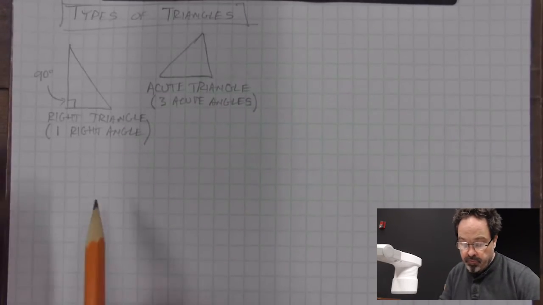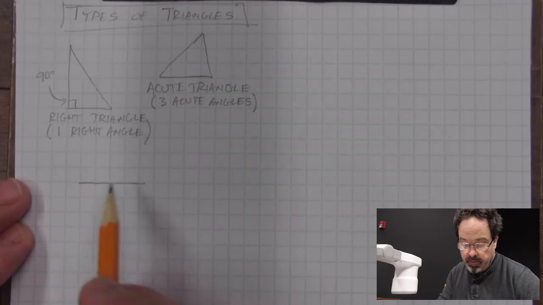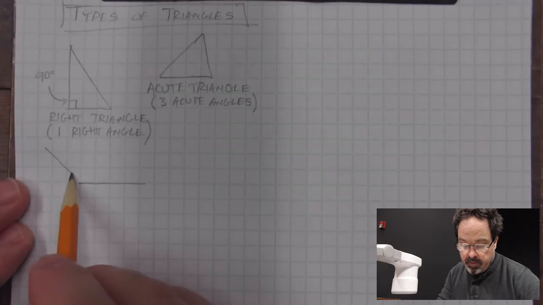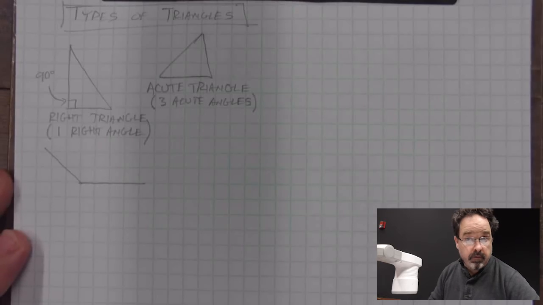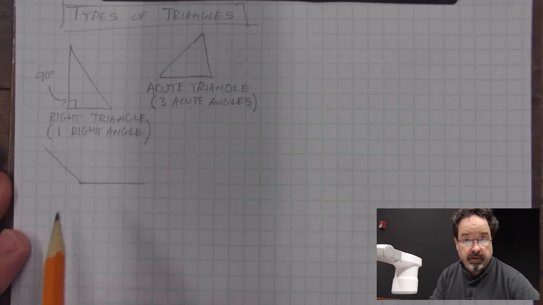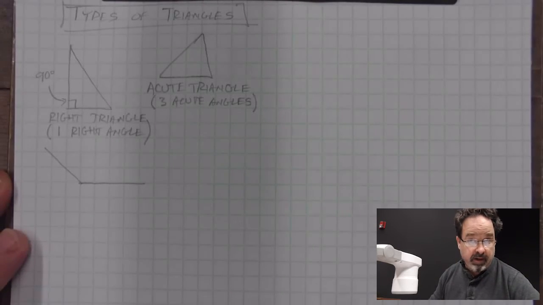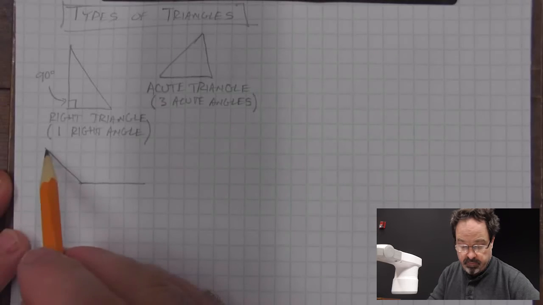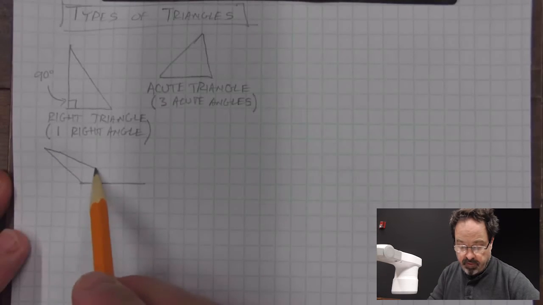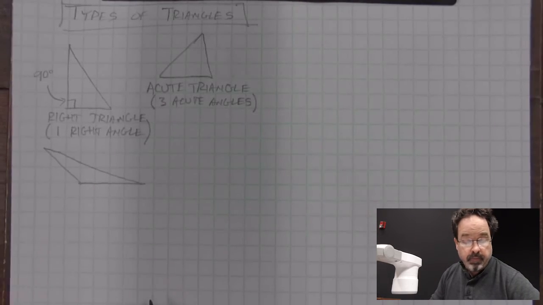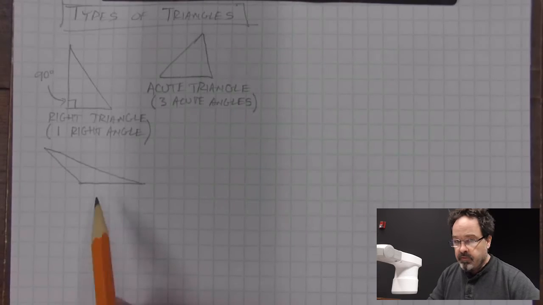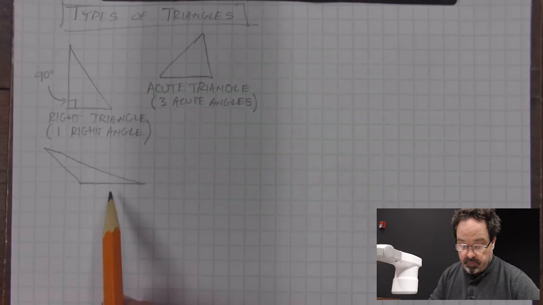I'm going to draw a third triangle in this group, and I'm going to begin with a large angle, or an obtuse angle, an angle whose measure is between 90 and 180 degrees. If I start with that angle and make a triangle out of it, the other two angles are not going to be obtuse angles.